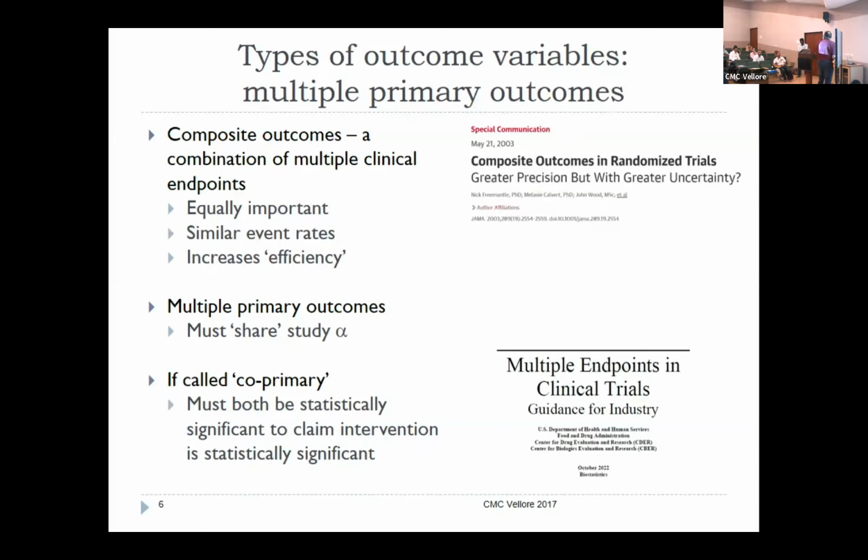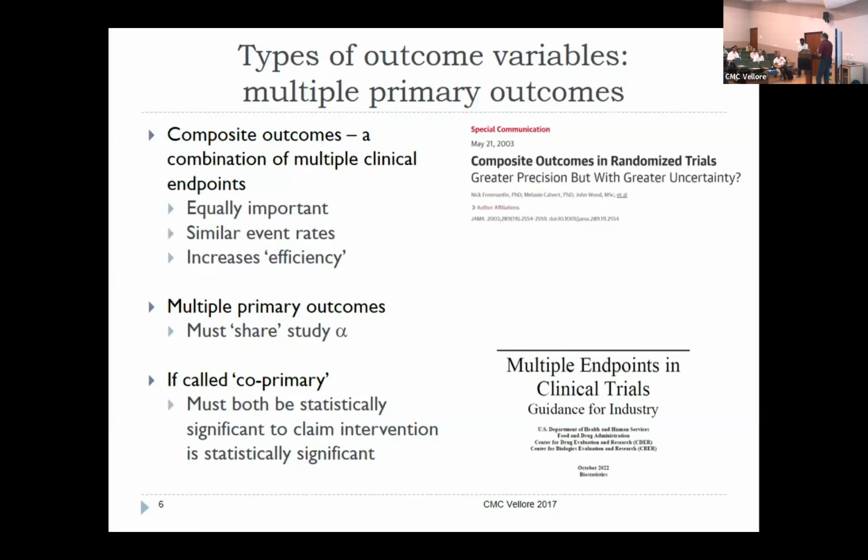Because it's a smaller alpha, I'm going to need a larger sample size. So splitting also requires that I calculate the sample size, not for everything at this one, but now at this one. I calculated this one at this and this one at that. And so, yeah, you have to calculate the sample size for all of these. Take the largest for that.